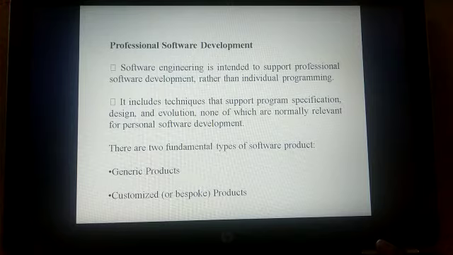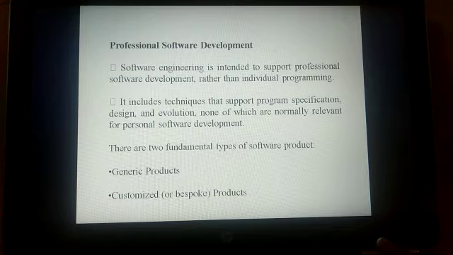With respect to software, as an example, software for PCs, databases, and word processors, which we use on a daily basis, are considered generic products. Customized products, which are also called bespoke products, are commissioned by a particular customer, such as your banking systems, your electronic devices, and systems written to support a particular business process.